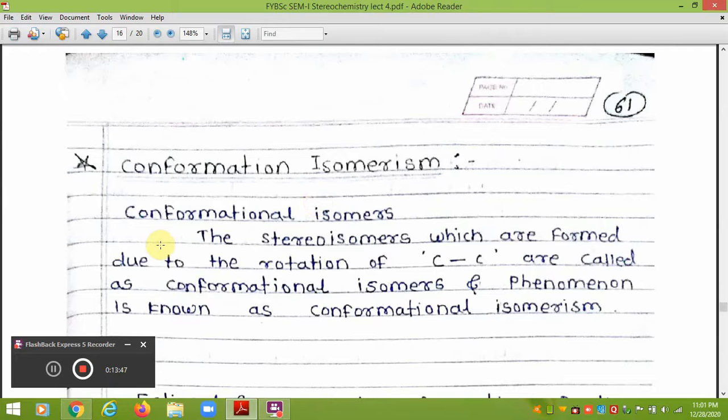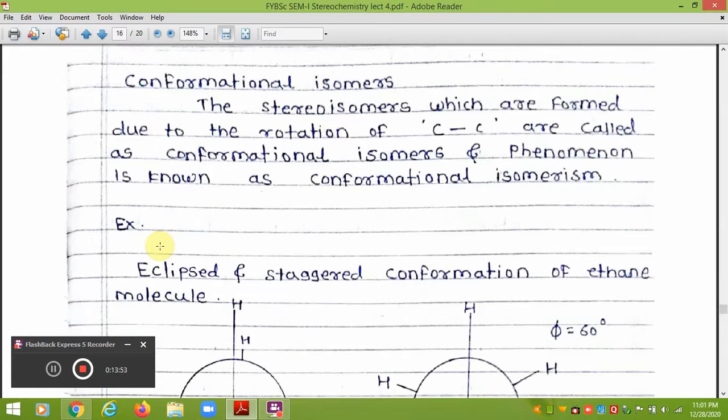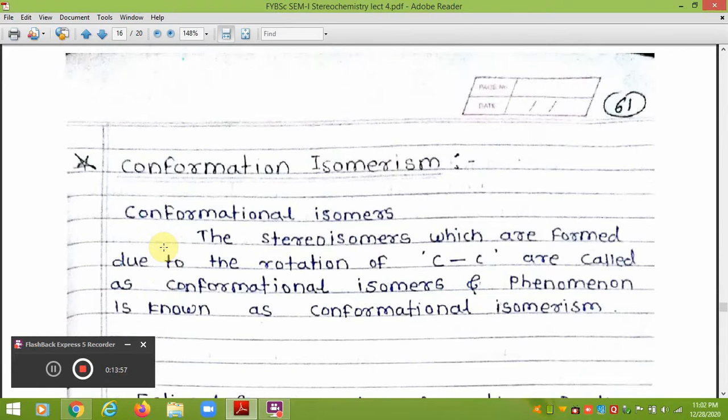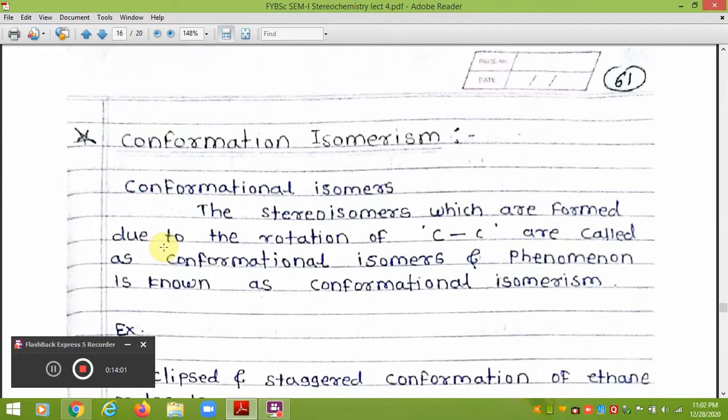So dear friends, in this way we have discussed configuration, particularly absolute configuration and the E and Z configuration. The important next part is conformational isomerism.